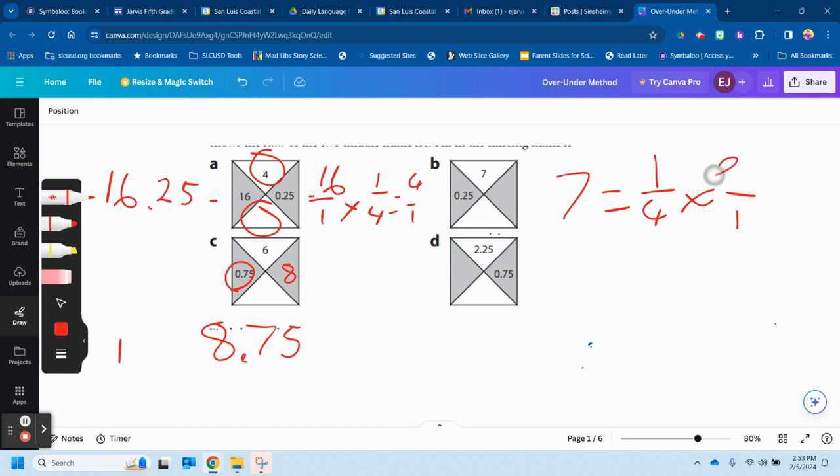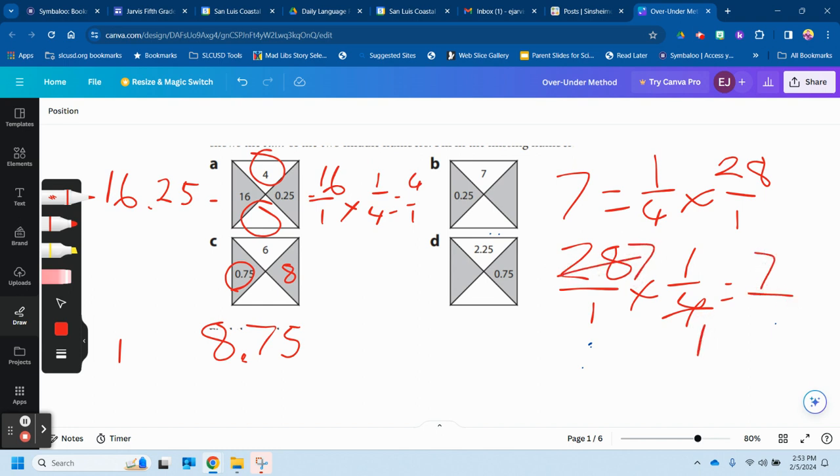So let's try 28. Okay, I wrote it backwards. 28 ones times 1/4 is equal to, so let's simplify here, the 4 becomes a 1, this becomes a 7.